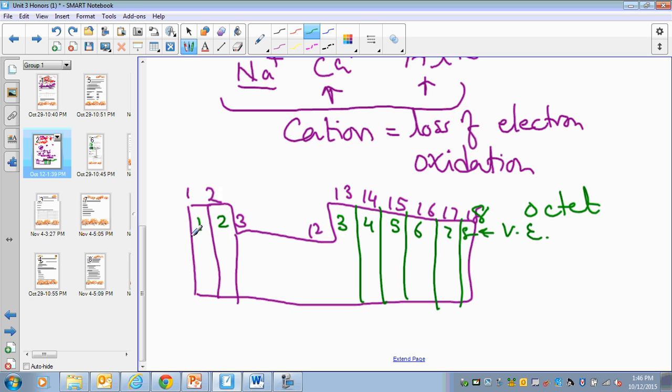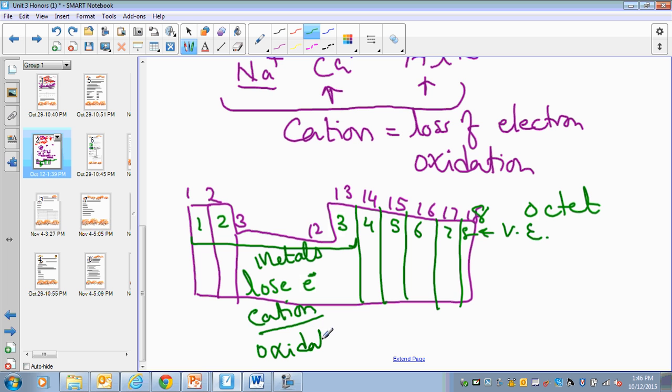But those who have 1, 2, or 3 valence electrons are all metals. This part of the periodic table is metals. They are going to lose the electrons and become cations, positive ions. This process is called oxidation.